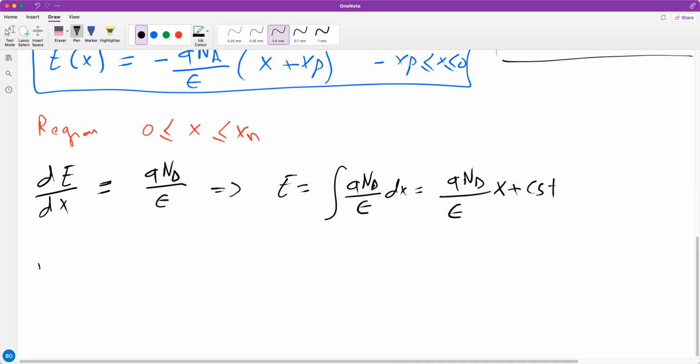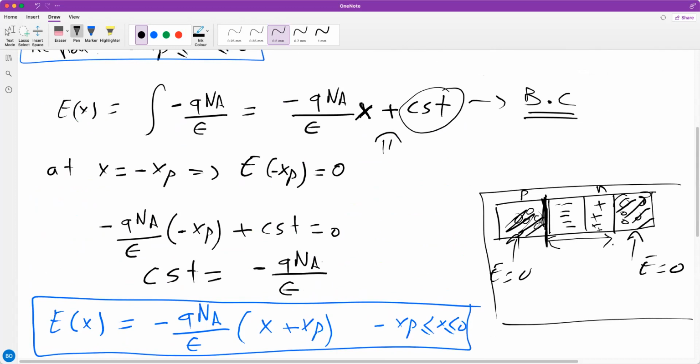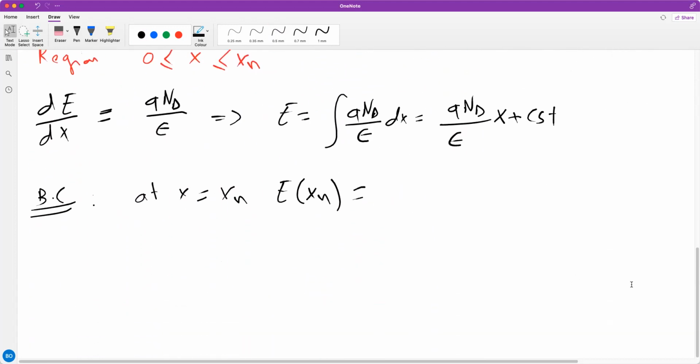Now, boundary conditions at x equal xn. What will be the electric field at xn? Xn is here. The electric field will be 0. I replace, this means that QND over epsilon xn plus constant is equal to 0.